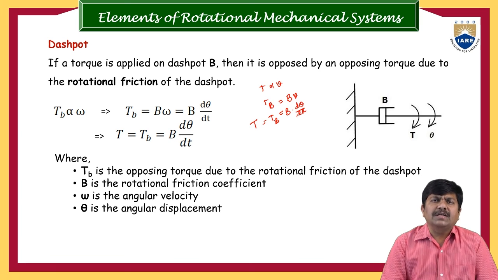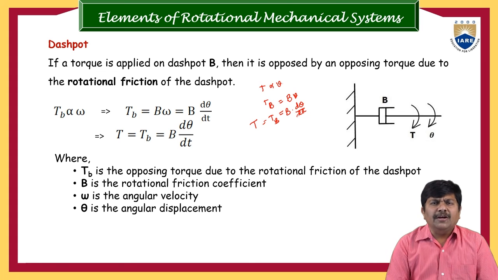Whether it is first order, zeroth order, second order or third order, it is a dynamic system, and a dynamic system can be equivalently represented in differential equation form. Here, T_B is the opposing torque due to the rotational friction of the dashpot. So what is this dashpot?